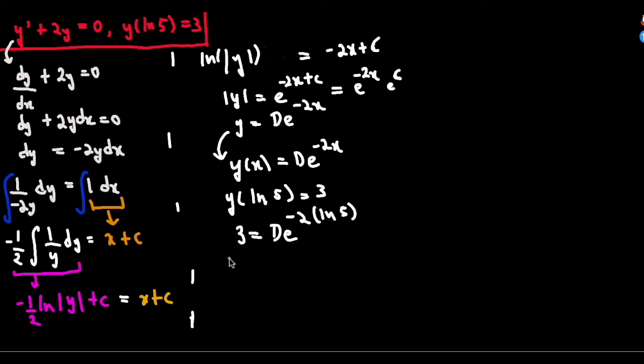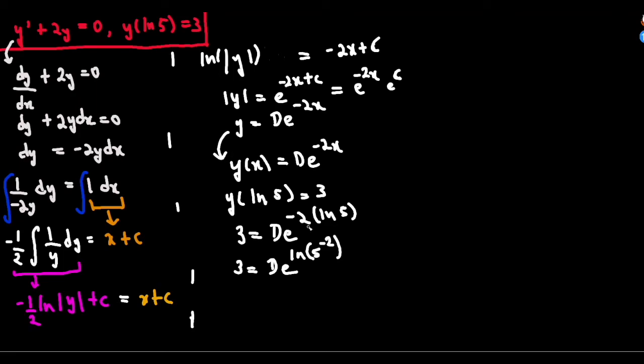We can use another rule of exponents and rewrite this right hand side. We can say 3 equals d times e to the power of ln of 5 to the power of minus 2.